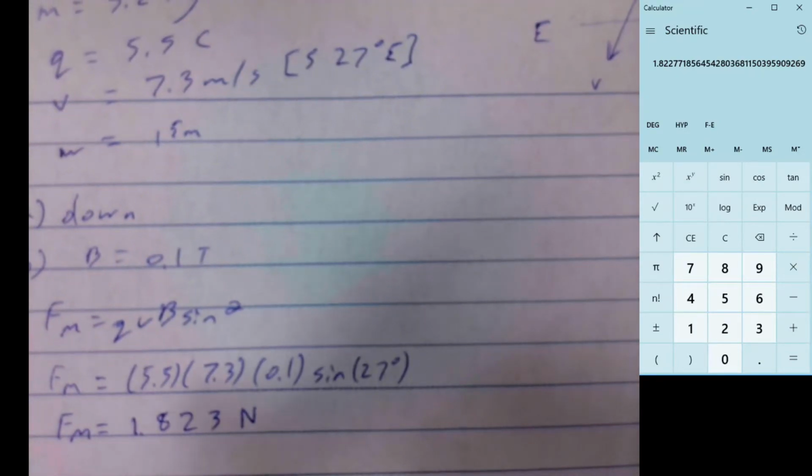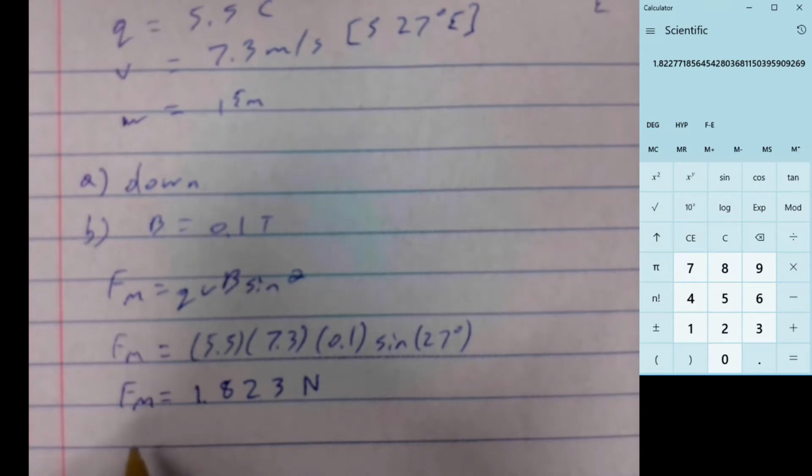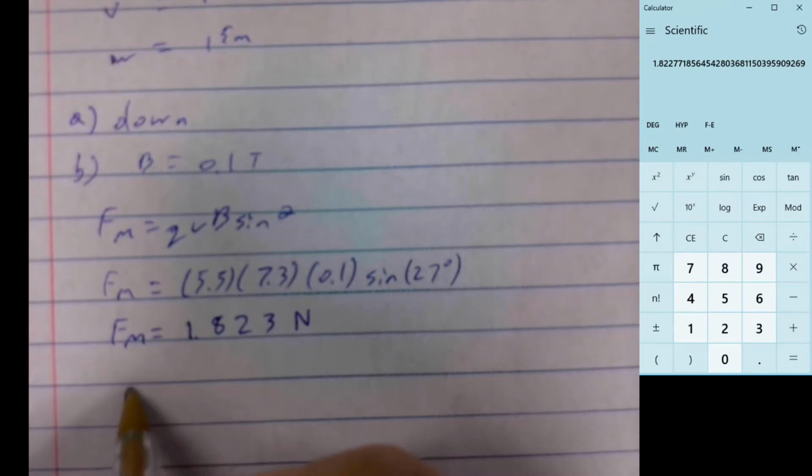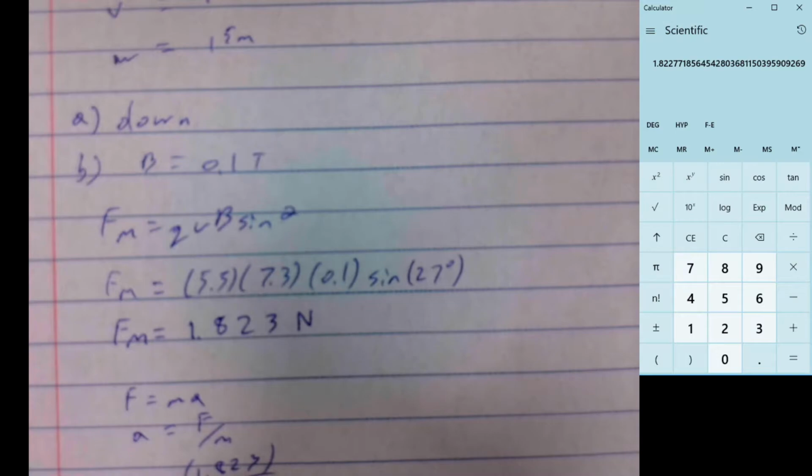I don't know how long this force is going to act. I can't figure out what our acceleration will be, though. So let's find the acceleration using F equals ma, a equals F over m. So in this case, a equals the 1.823 over our mass, which is 3.2.